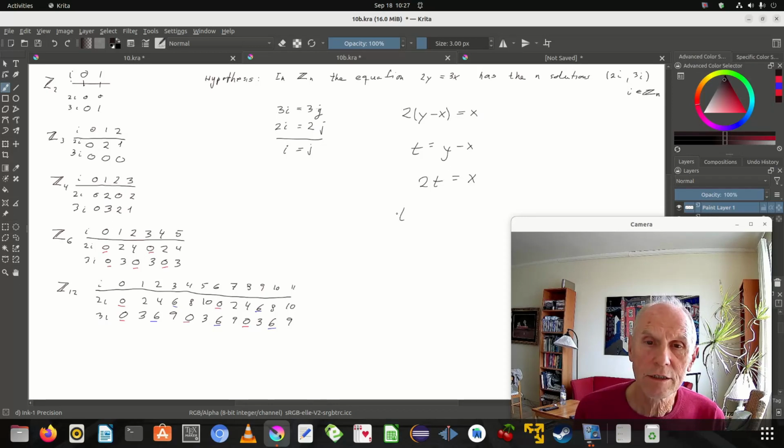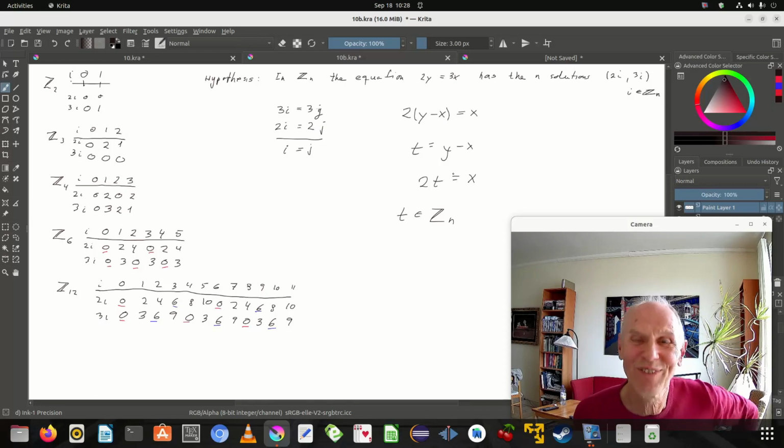And then let t run through Zn. That gives us x values. And for each value of t and x, we get a y value. I believe I've solved it this way. So we don't need this hypothesis at all. That's just a nice result, but it's irrelevant, really. I like it, though.